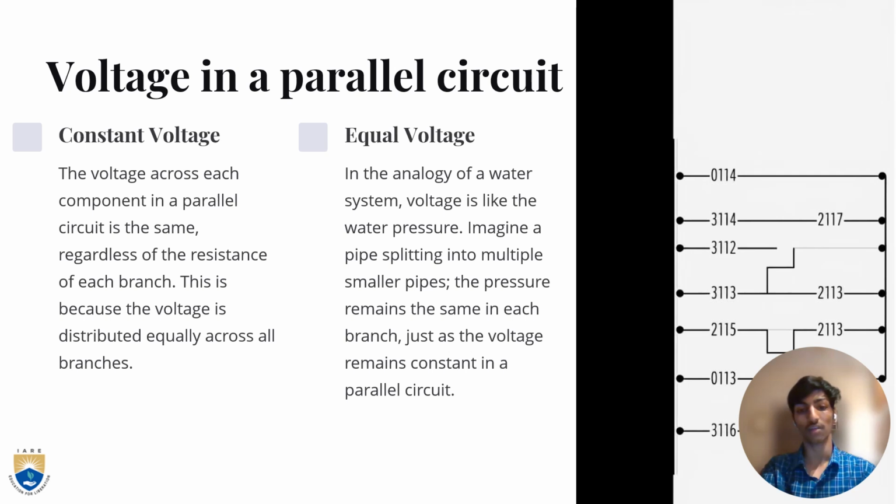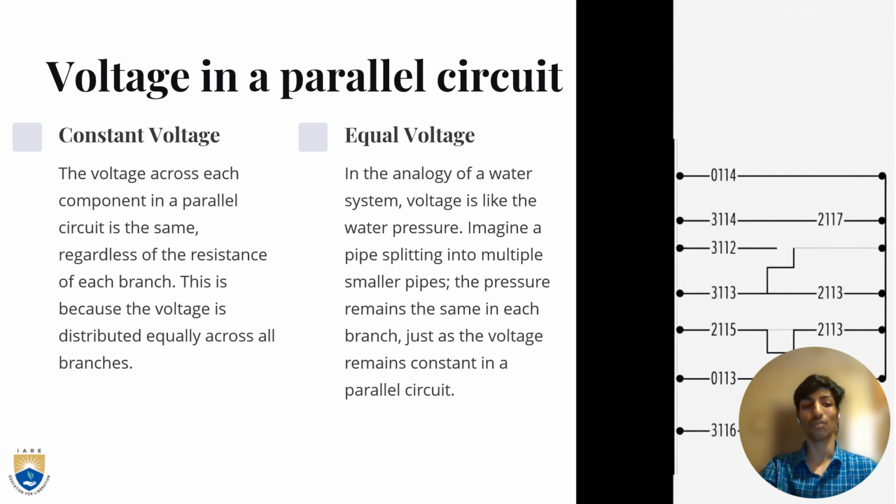Here, there's a diagram which represents some numericals, which also refers to a resistor in them. The voltage is like water pressure. Imagine a pipe split into multiple small pipes. The pressure remains the same in each branch, just as the voltage remains constant in parallel circuits.